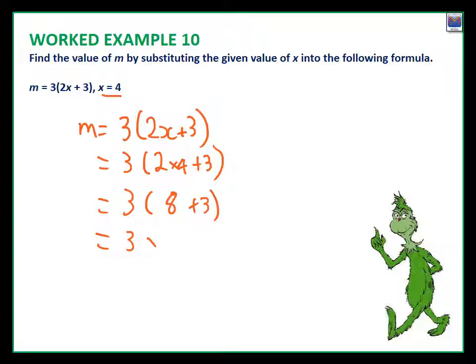What's 8 plus 3? It's 11. See, I got rid of the brackets there and put the times symbol back in. My answer is 33. Once again, formula down, substitute in, do your working with your BODMAS, and try and keep those equal signs lined up.